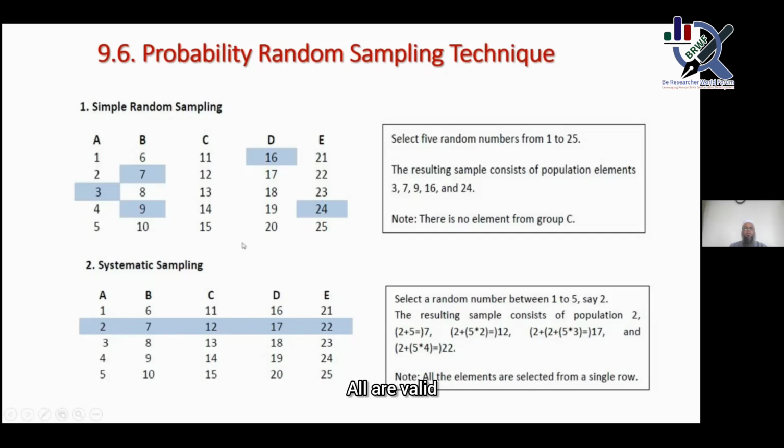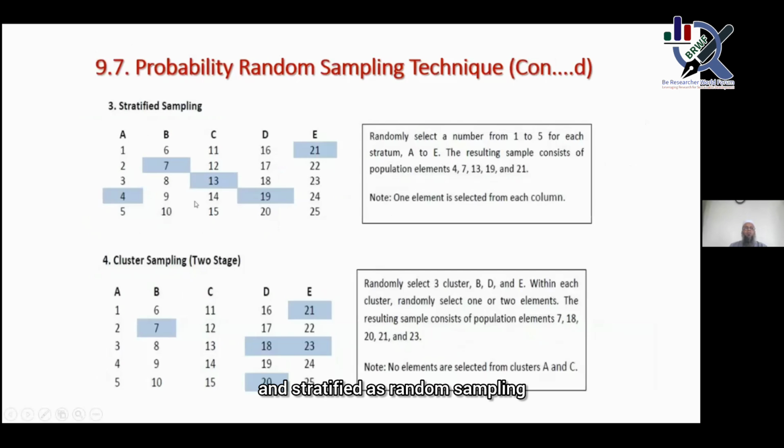All are valid. And in stratified random sampling, you have to select samples from each stratum. Suppose there are 5 categories; from the first you take one, from the next you take another one, and from all 5 different categories you select one through a lottery.